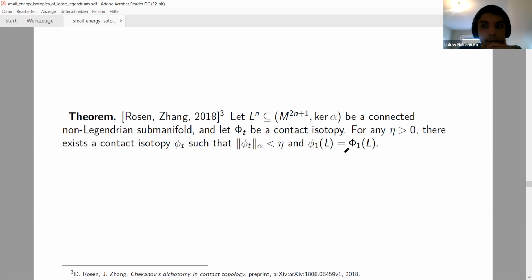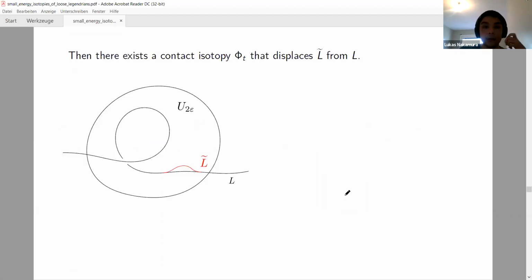And this is something that I cannot explain, but maybe it's not too surprising to you that once you make the Legendrian non-Legendrian, you kind of lose all rigidity in this sense. Okay, and so we can apply this here because we have this isotopy phi acting on this L tilde.